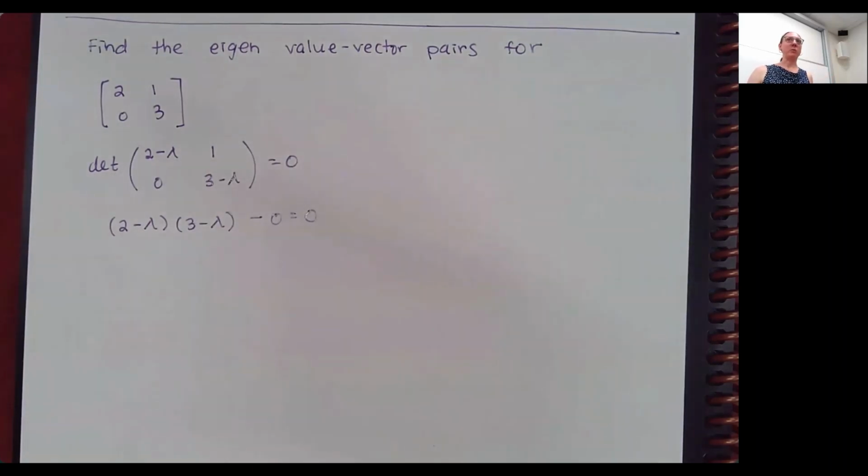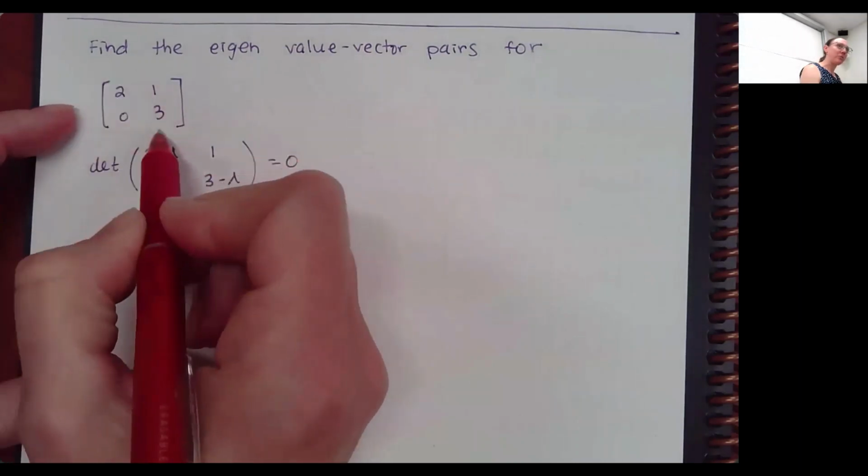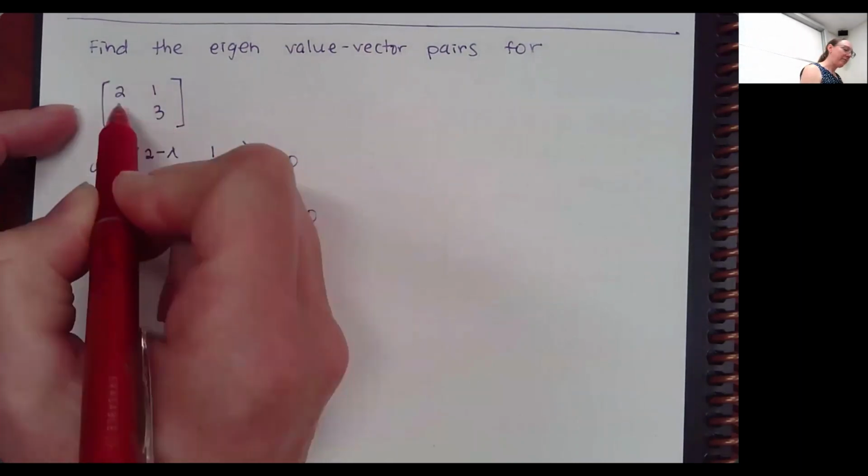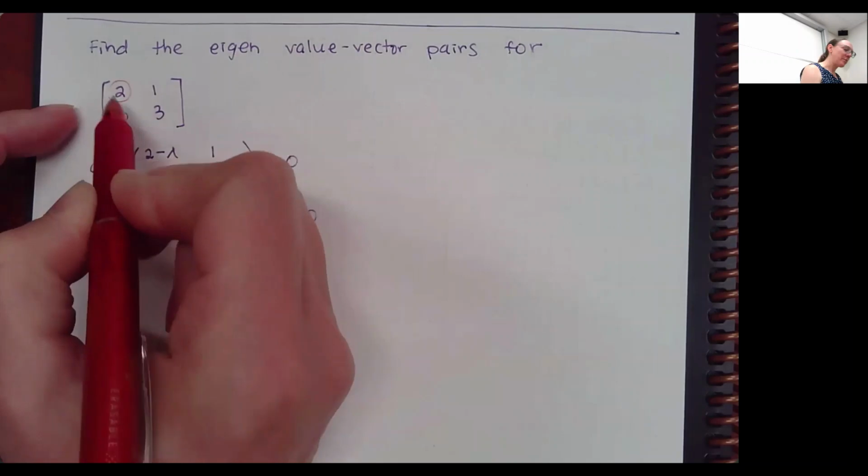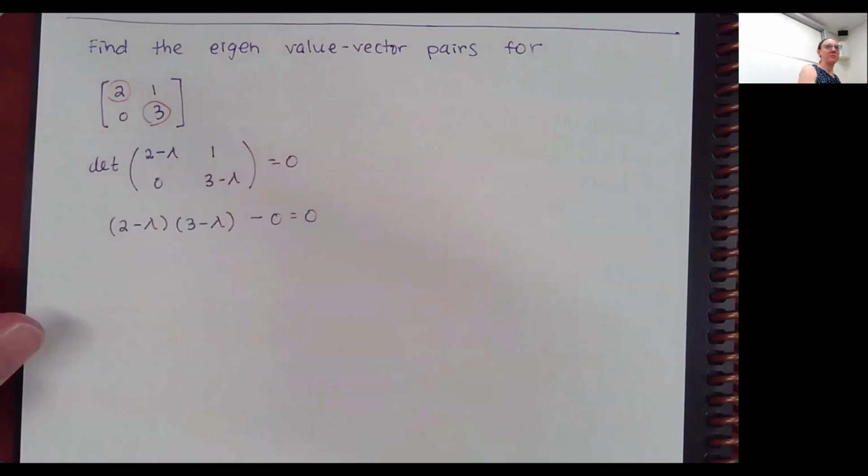Now, part of the reason that I wanted to point that out is I don't remember if this ever came up in 19B, but if I already have a triangular matrix, I can find my determinant by just multiplying the diagonals.